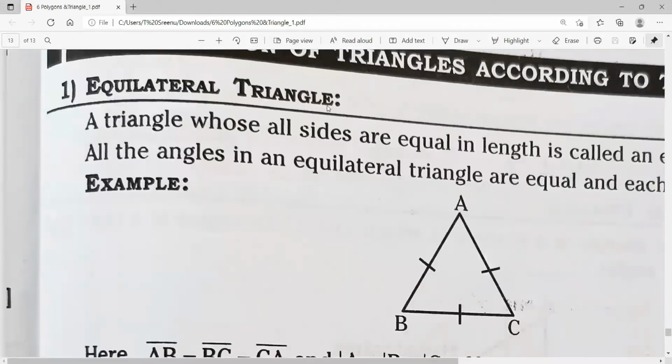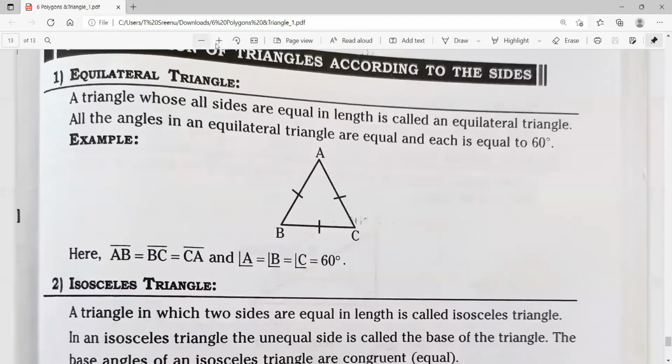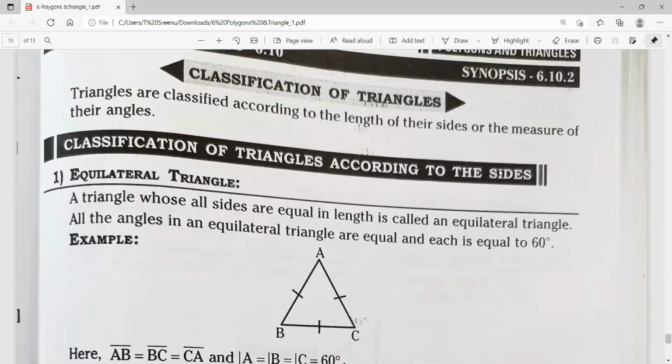So, classification of triangles according to the sides. Every triangle has 3 sides, so what kind of sides can we see here?